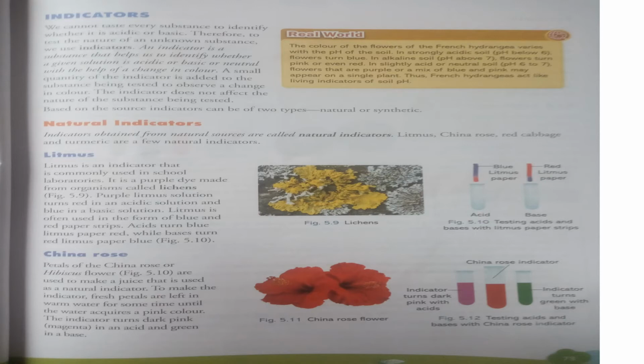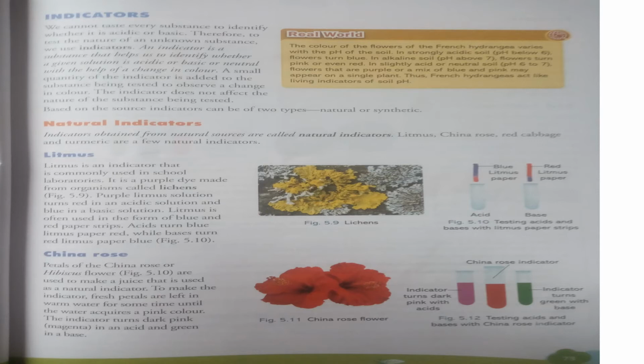Therefore, we can say an indicator is a substance that helps to identify whether a given solution is acidic, basic or neutral with the help of a change in color.